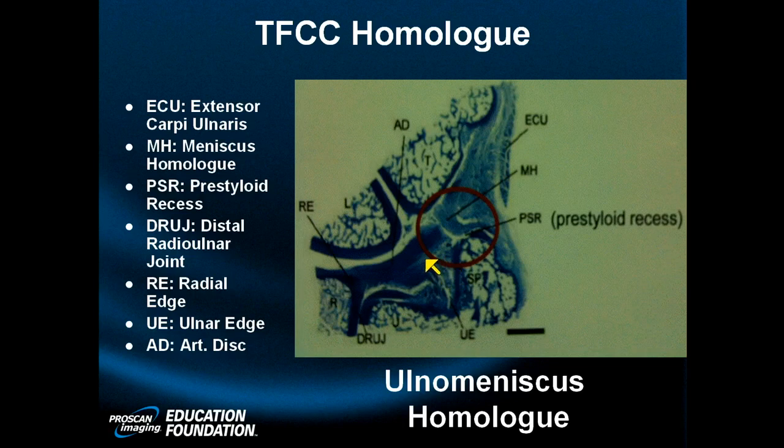But we also have attachments anterior and posterior, distal and proximal. But fortunately, they are matching sets. So we're going to have a matching set in the front and a matching set on the back. And more on that when we get into the sagittal projection and talk about the TFC.